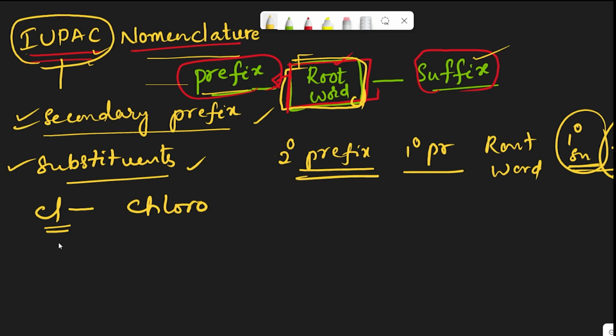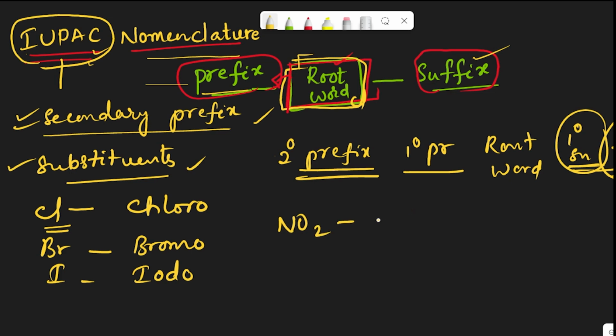If bromine is given, then you write bromo. If iodine is given, you mention it as iodo. If NO2 is given, you write it as nitro. Is it okay? If OH is given, then you write it as hydroxy.